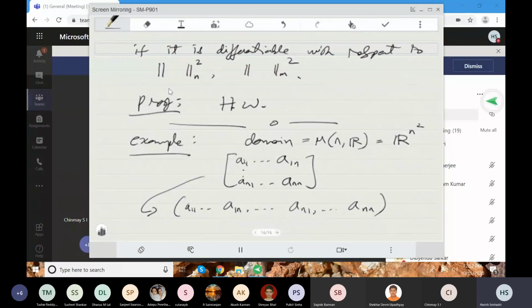So this is a very concrete way of going back and forth between Euclidean space and the space of matrices.